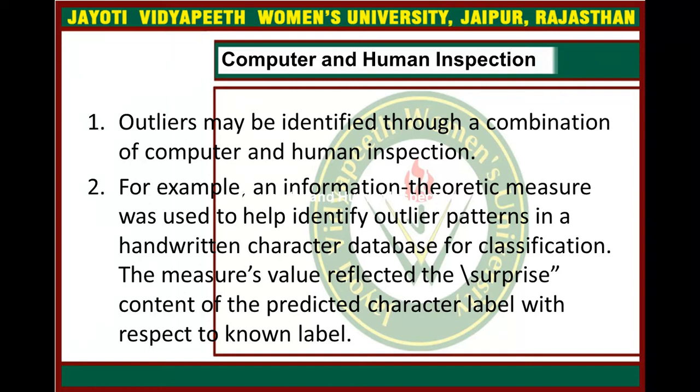So first is outliers. Outliers may be identified through a combination of computer and human inspection. Outlier is what I told you in my previous video. You can say the outer things which we cannot include in our group.